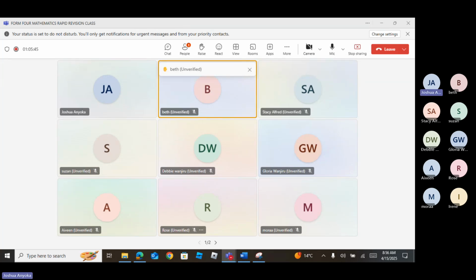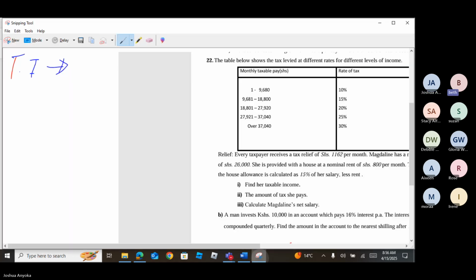Where are we together? Beth, your taxable income? 29,100.